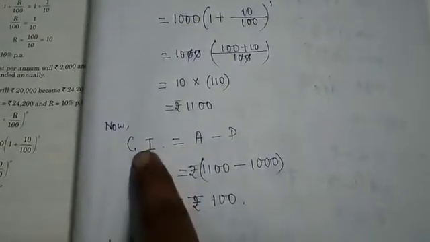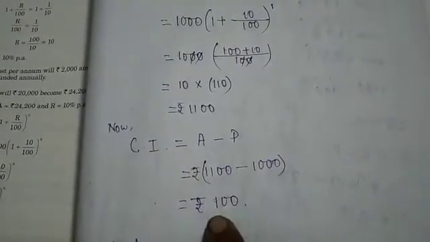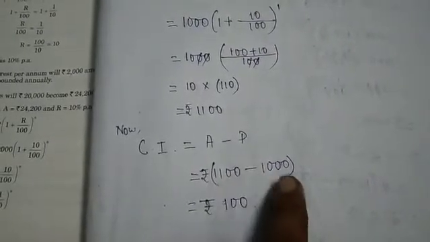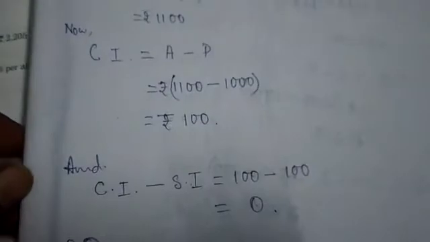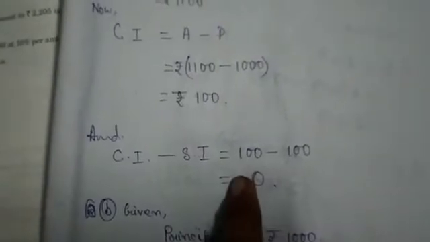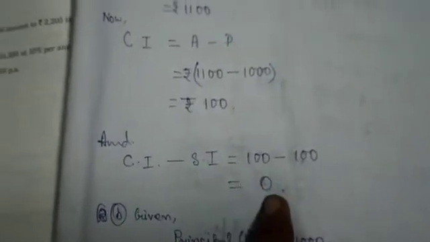So compound interest will be A minus P, which is 1100 minus 1000, that is 100. So in this case both the simple interest and the compound interest are the same, so the difference is 0.